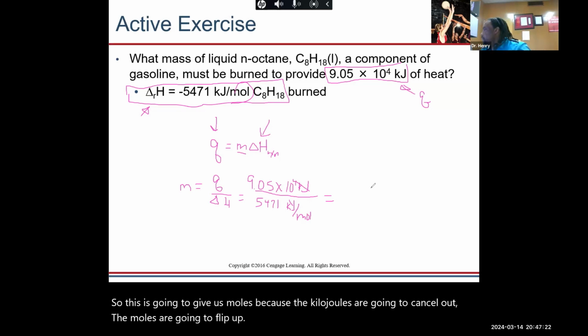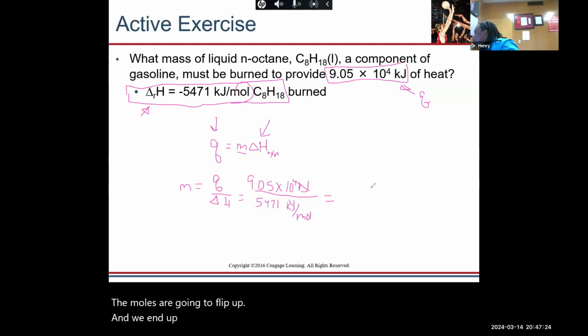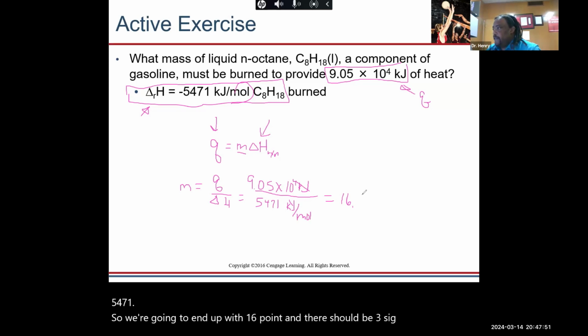And we end up with 9.05 times 10 to the 4th over 5,471. So we're going to end up with 16.5, with 3 sig figs, moles.